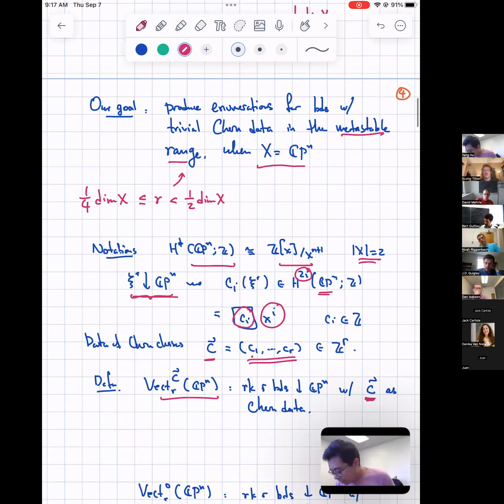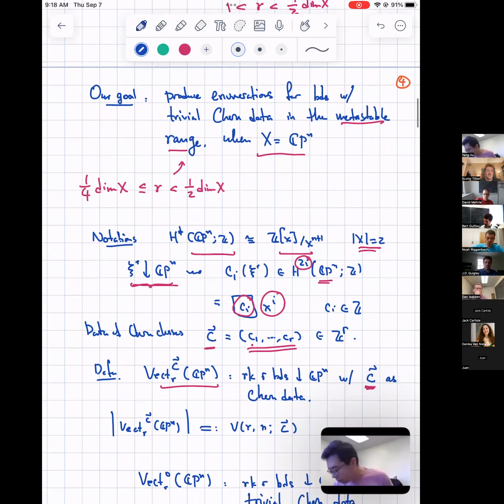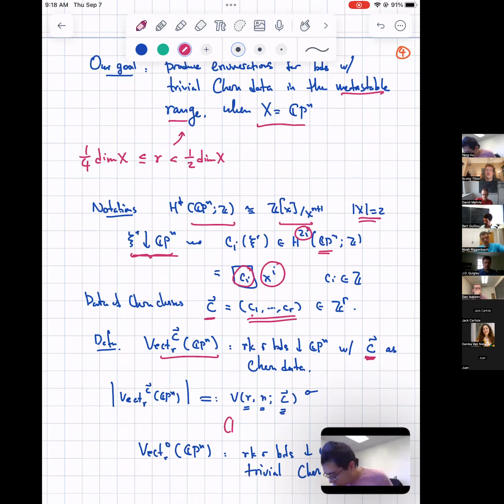And the cardinality of this set we're going to denote by V_{R,N}^c, with this Chern vector c. So this number records the number of rank R bundles over CP^N with this fixed Chern class data. Is that clear? And finding this number is what we call Chern enumeration.